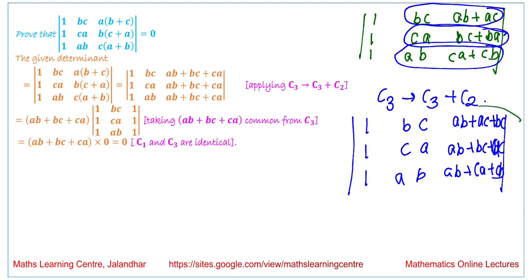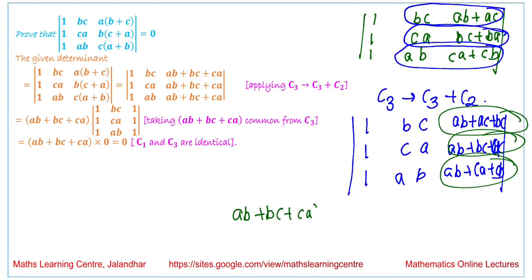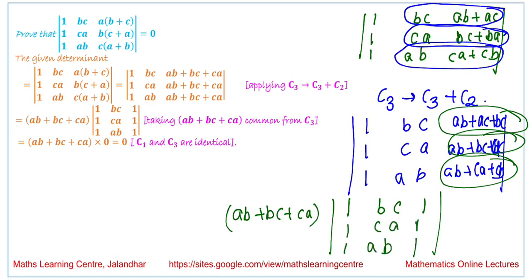In all these three terms, we can take AB plus BC plus CA common. What we are left with is 1 BC 1, 1 CA 1, 1 AB 1.